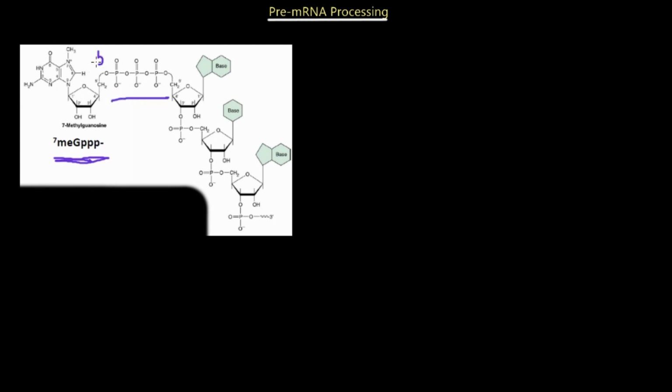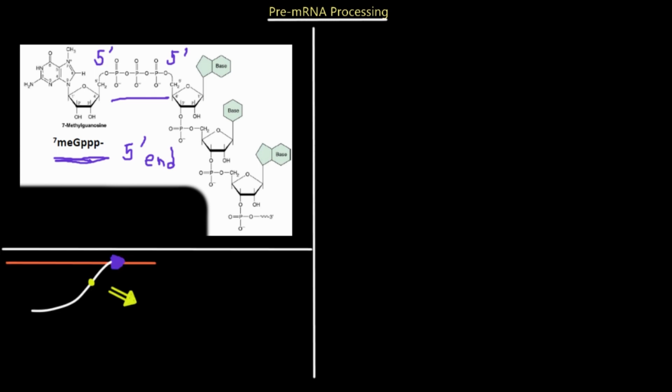It's going to connect 5' to 5', and that's going to be the 5' end that is processed, and it's going to prevent exonucleases attaching to the mRNA and degrading it. So it's very important that we have this 5' end, otherwise the mRNA would never be translated, as it would simply be degraded by our exonucleases that float in the cytoplasm.